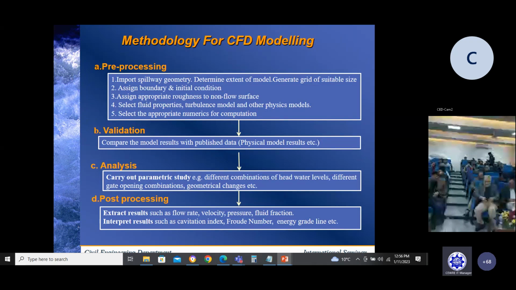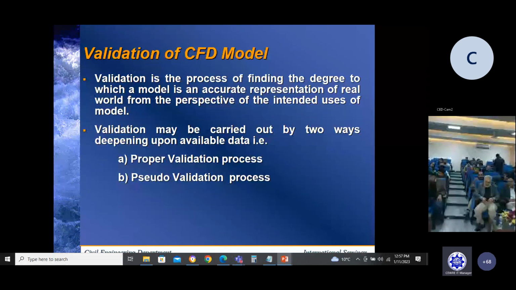So this is a set methodology for the CFD modeling that includes pre-processing, validation, analysis, and post-processing. One important step of the CFD modeling is the validation.